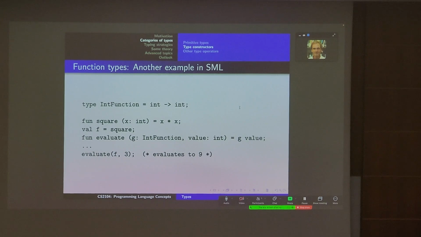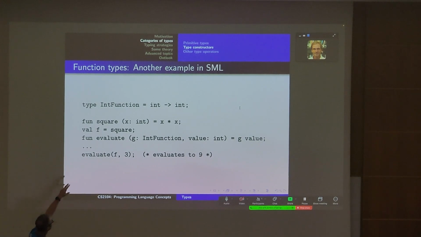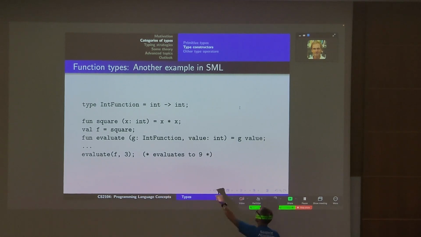And then we can go through the body of the function to see that all declarations match, all expressions are consistent with the types. And that includes evaluate, the body of evaluate, applies g to value. G is known as an int function.